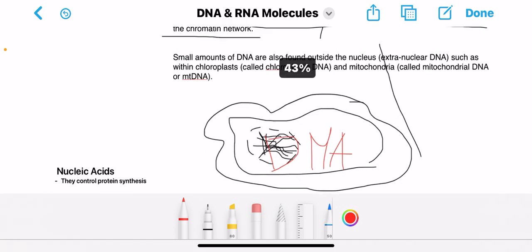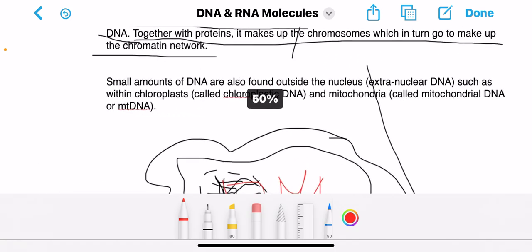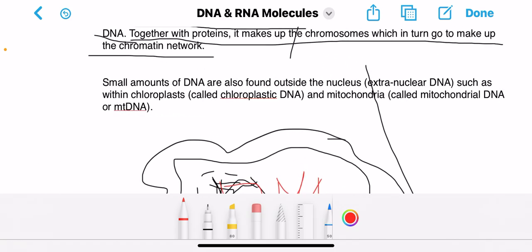in the nucleus. Now, it continues and says small amounts of DNA are also found outside the nucleus, called extranuclear DNA, such as within the chloroplast, called chloroplastic DNA, and the mitochondria, called mitochondrial DNA.